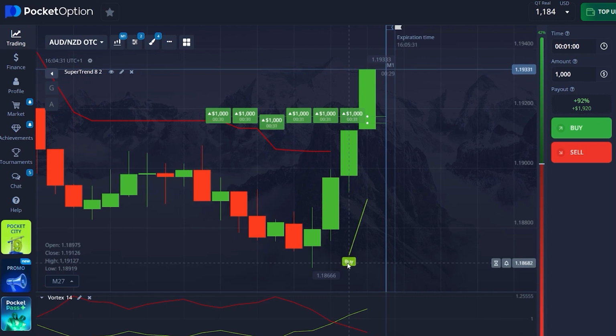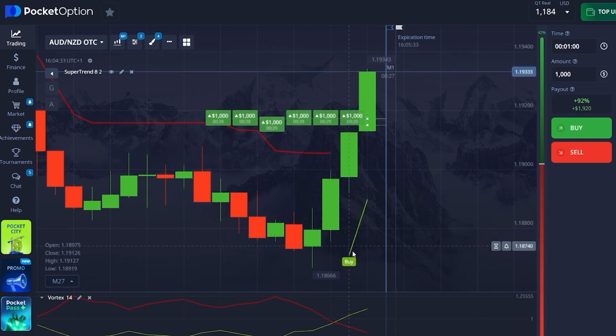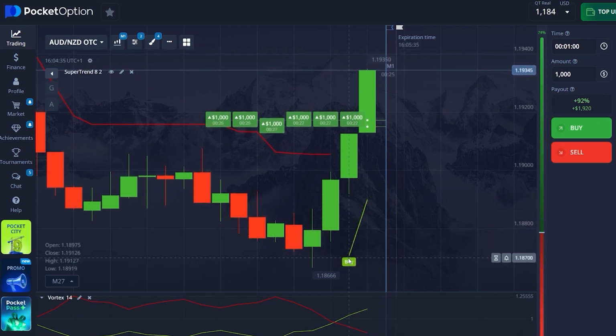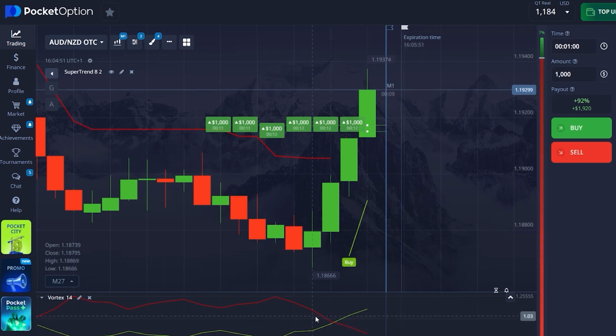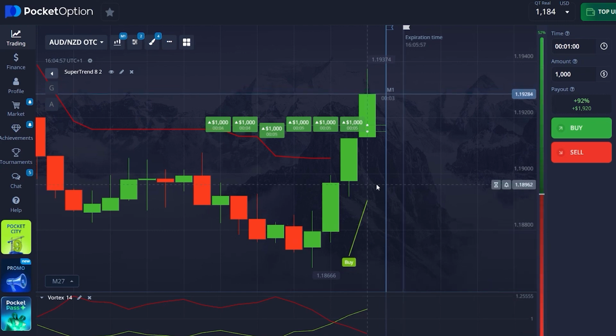Supertrend indicator gives me a confirmation on the direction of the market. So in the case of an up position, it always gives me a buy signal. The same thing with my Vortex indicator. So the two lines have to intersect each other. So in the case of an up position, the green line is always above the red line to confirm my entry level into the market.